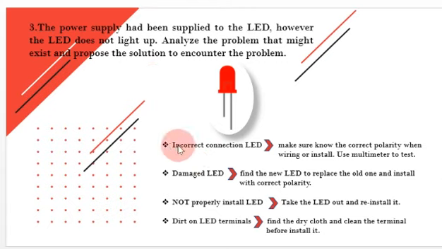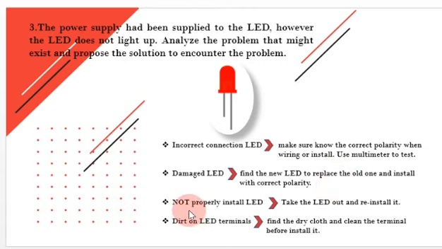So first, incorrect LED connection. So make sure now the correct polarity when wiring or installing. Use a multimeter to test. Then the second problem, the LED was damaged. So need to find a new LED to replace the old one and install it with correct polarity.